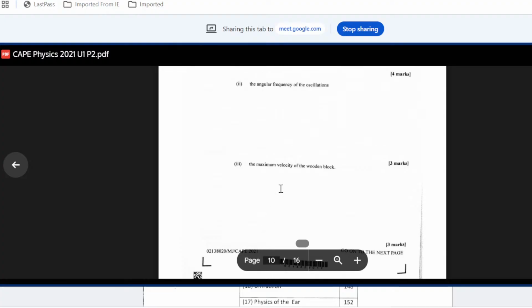Maximum velocity. Calculate the maximum velocity of the wooden block. What was our amplitude?